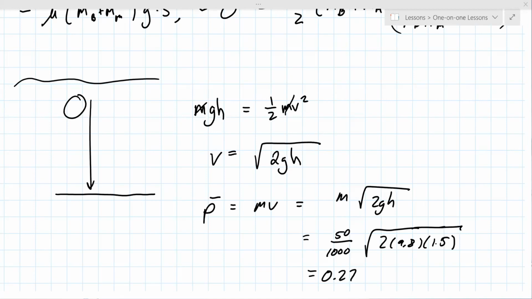Okay, so it looks like it's reasonable. The 0.27, is that what you got? It says incorrect. Your answer implies that the momentum is directed upward. So that means it should be negative. And that is correct.